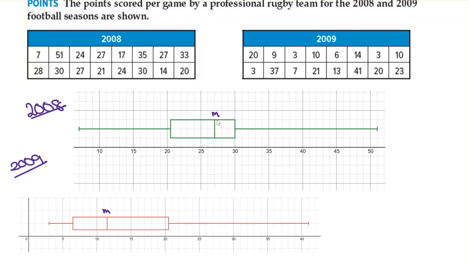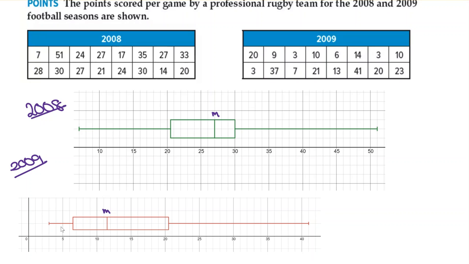So the average value in 2008 was higher than in 2009. In 2008, the maximum points that they scored was 51, so they scored higher points in 2008.